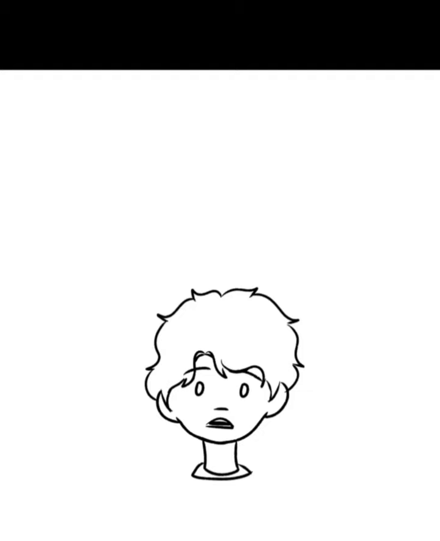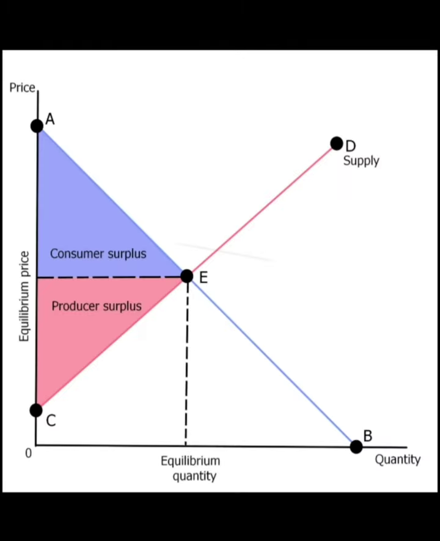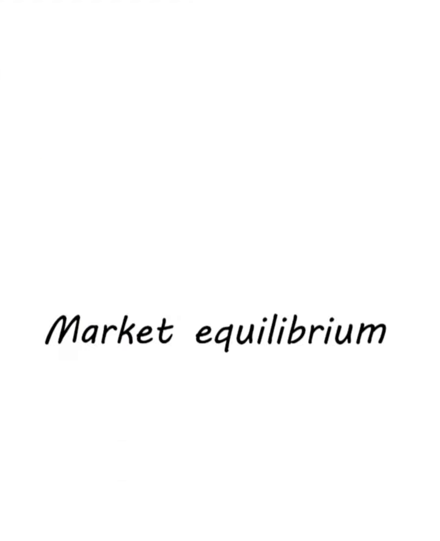What is the difference between the two? The consumer surplus refers to the difference between what a consumer is willing to pay and what they paid for a product. Meanwhile, the producer surplus is the difference between the market price and the lowest price a producer is willing to accept to produce a good.